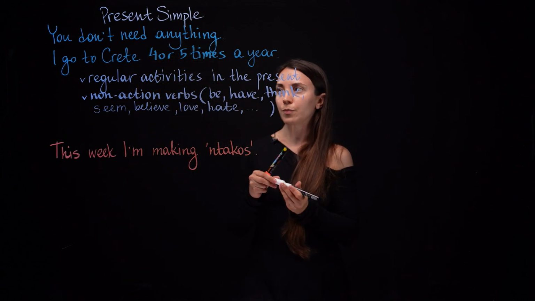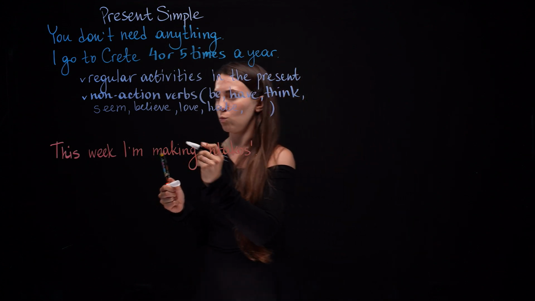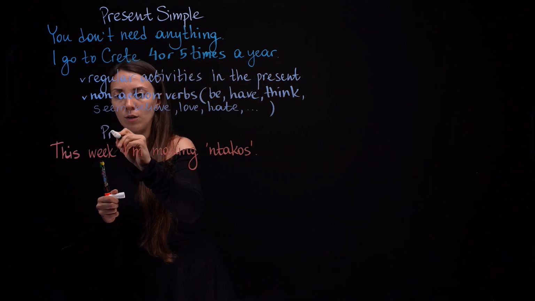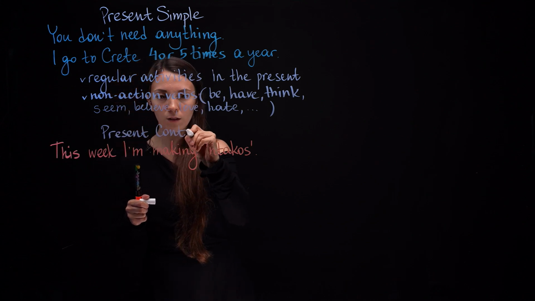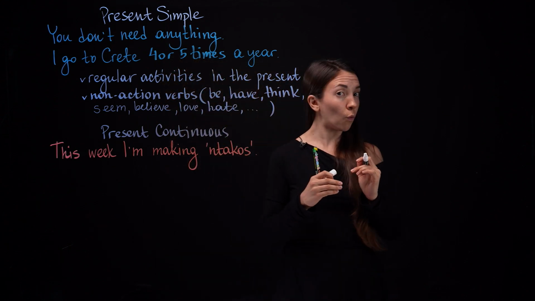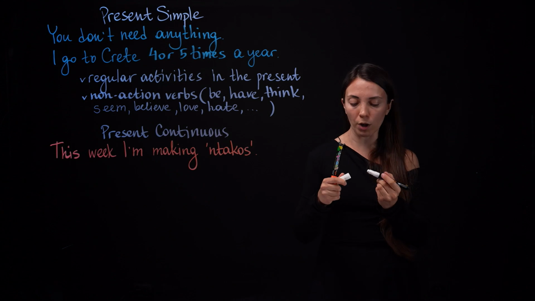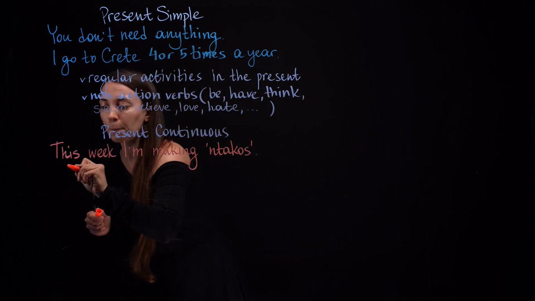Okay. What about this one? Yeah, it is present continuous, but why do we use it here? Is it happening exactly now? Like, for example, now I'm wearing a red dress. Yes, it is happening right now.